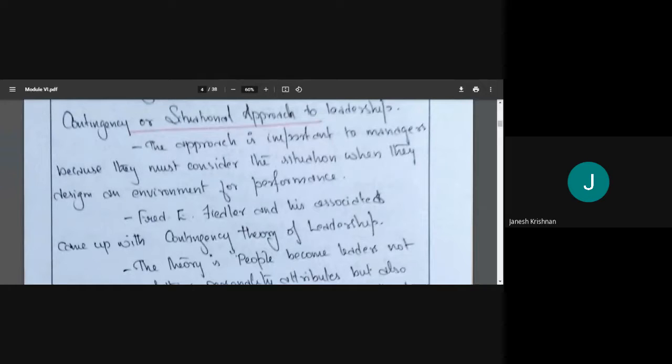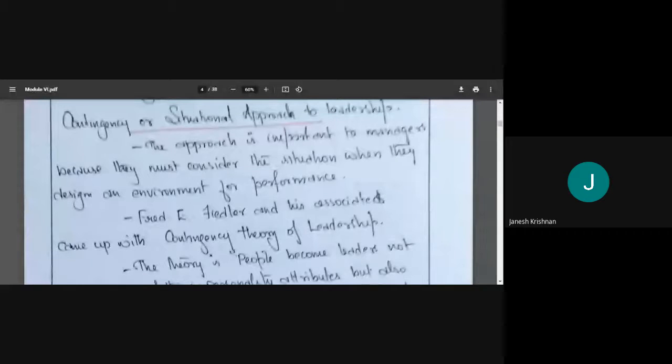So they work for the betterment of the office or the organization by themselves. Willingly they are doing it, and a person has to inspire them to do so, and that process is leadership.